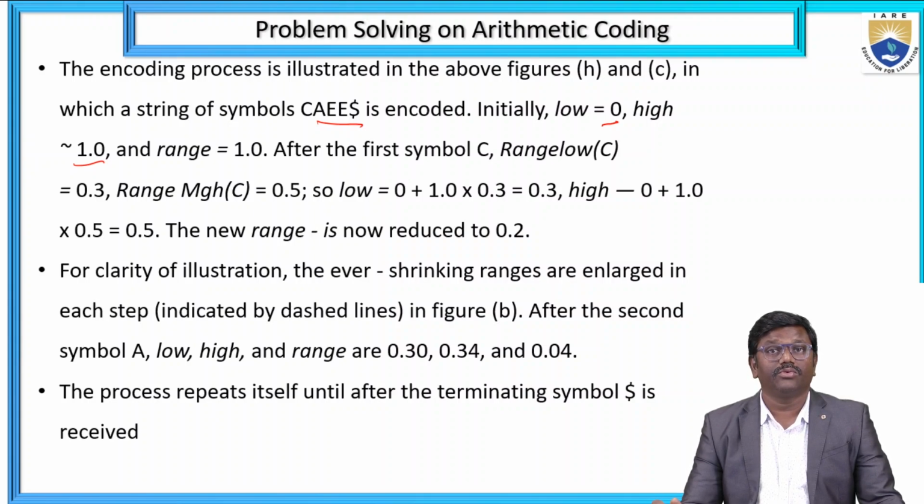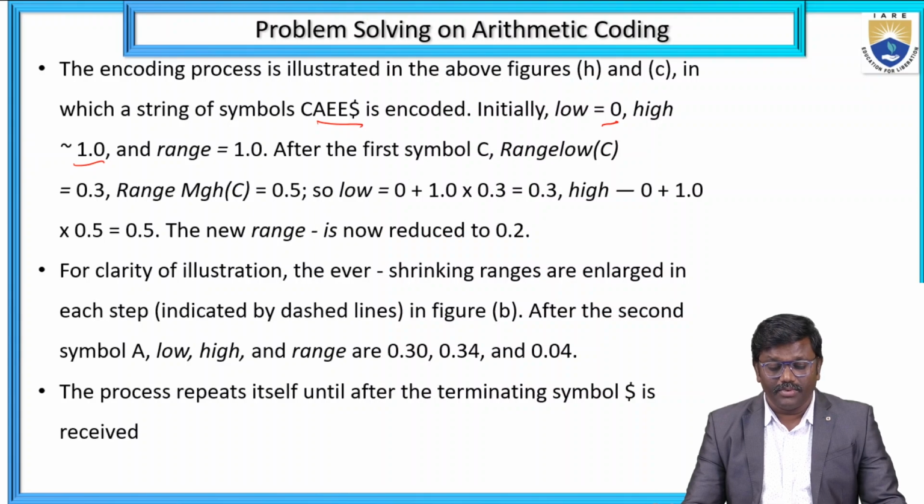High is 0 plus 1 times 0.5, which gives 0.5. The new range is now reduced to 0.2. For clarity of illustration, the shrinking ranges are enlarged in each step in the figure shown. After the second symbol A, low, high, and range are 0.3, 0.3 and 0.04.